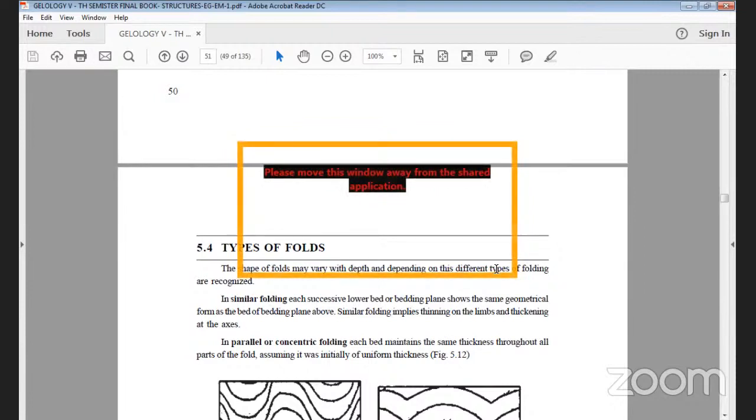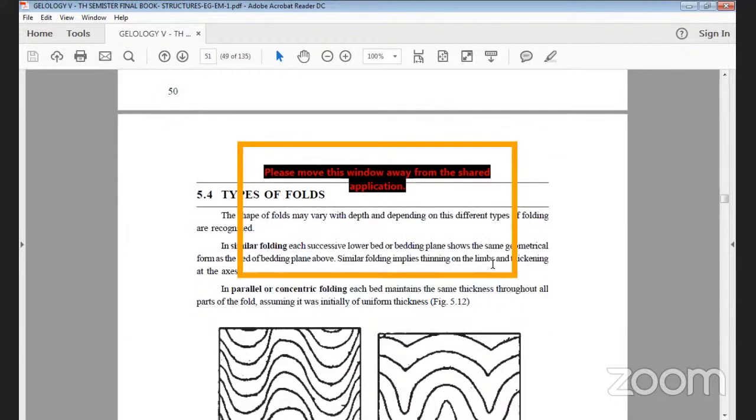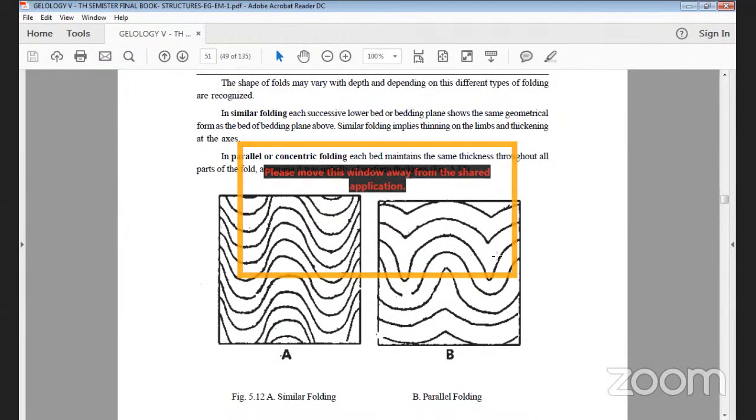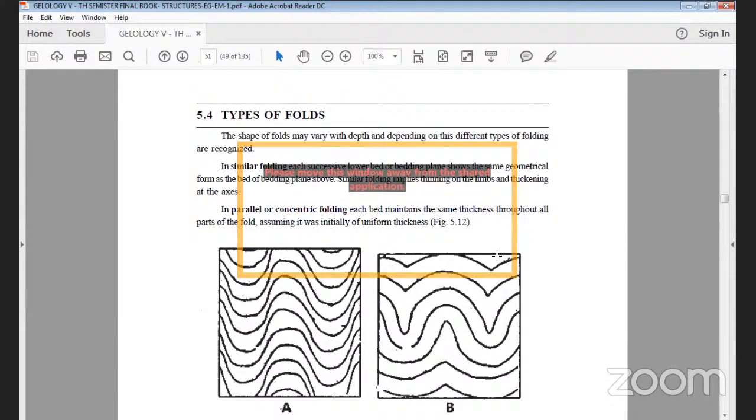Similar folding implies thinning on the limbs and thickening at the axis. Here we see the parallel and the concentric folding.